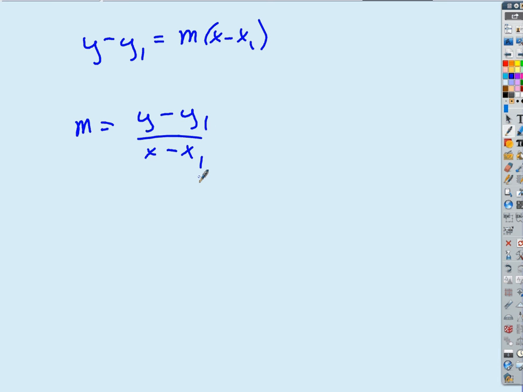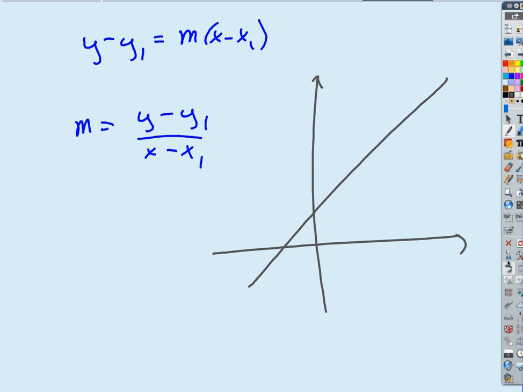If I've got my line, here's the xy plane, and I've got my line, and let's say here's a point with specific coordinates x1, y1. I'm going to take any other point on the line.